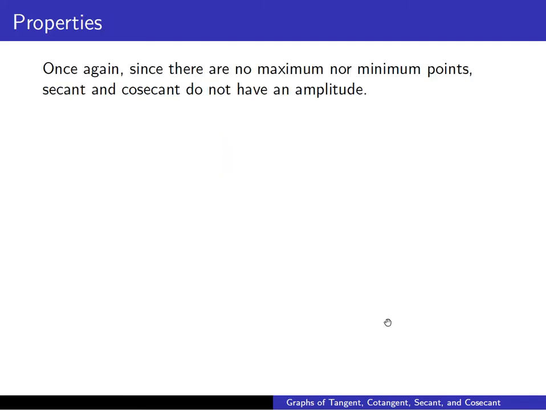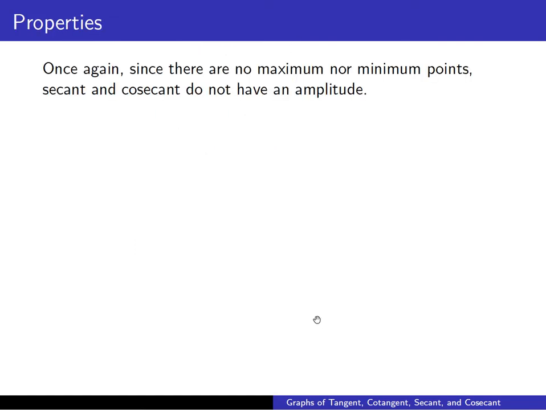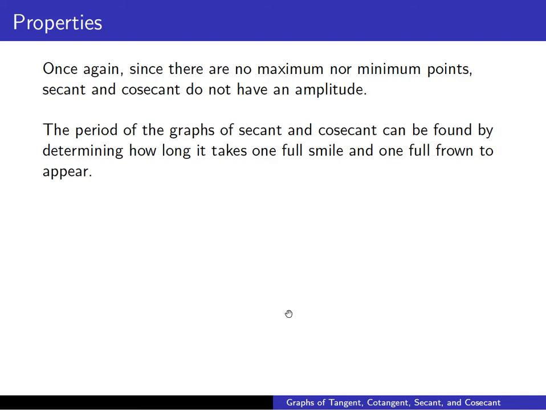So, some properties of secant and cosecant. Number one, looking at this cosecant graph in blue, there is no maximum, there is no minimum, so hence no amplitude. Tangent, cotangent, secant, and cosecant do not have amplitude. Only sine and cosine will. The period of secant and cosecant can be found by determining how long it takes one full smile and one full frown to appear.